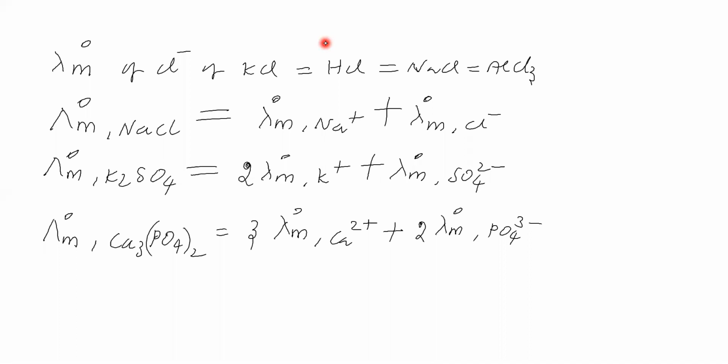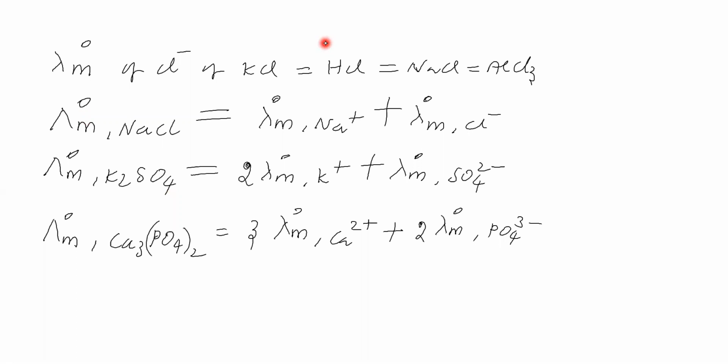Now, what is the application of Kohlrausch law? What is the use of Kohlrausch law? We will see. These are salts, strong electrolytes. For strong electrolytes, we can get lambda m naught from the graph by extrapolation.